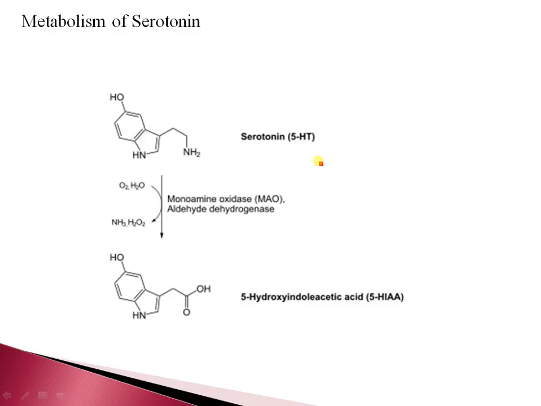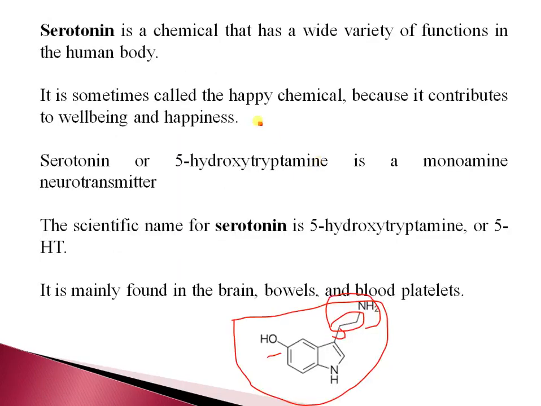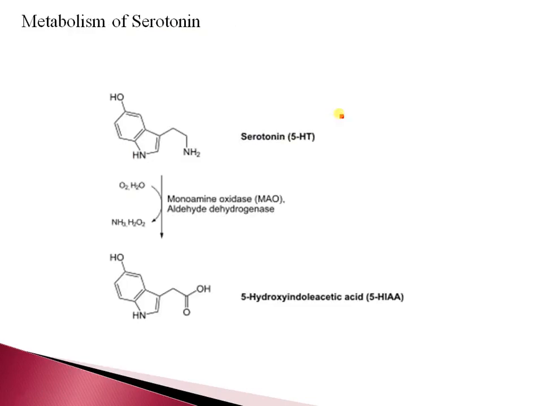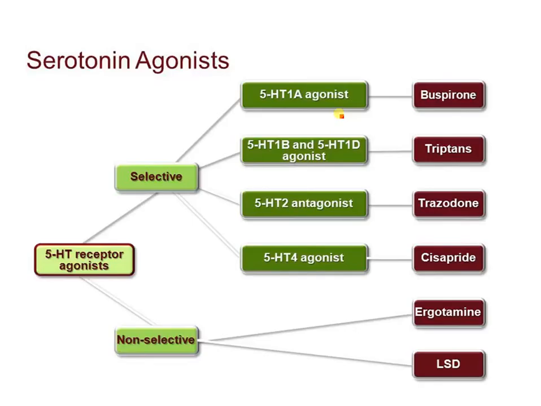So serotonin is called a happy chemical because most of the agonists are used as antidepressants, meaning they act against depression. These are the serotonin agonists.